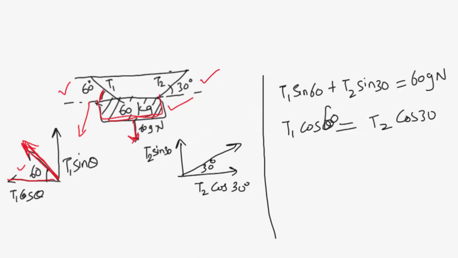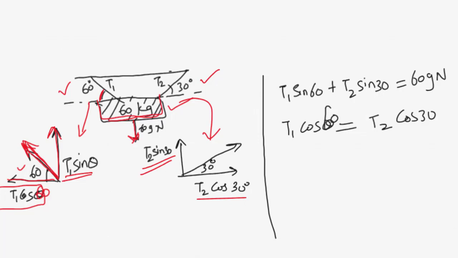That means this has to be T1 cos 60. Using Pythagoras theorem, this has to be T1 sin theta, or T1 sin 60. In the same way, T2 can also be split. The x component will come out to be T2 cos theta and the y component will come out to be T2 sin theta.